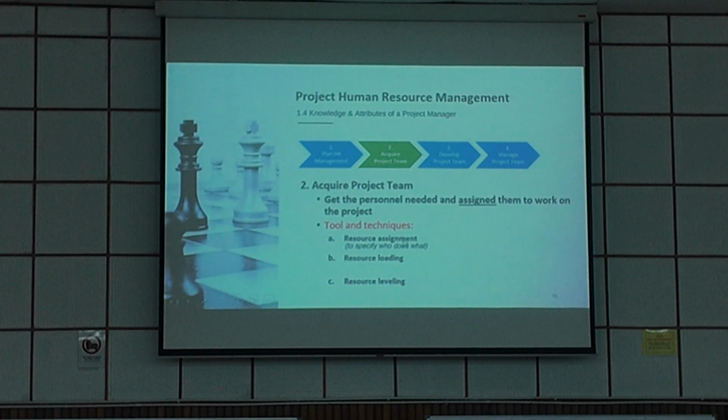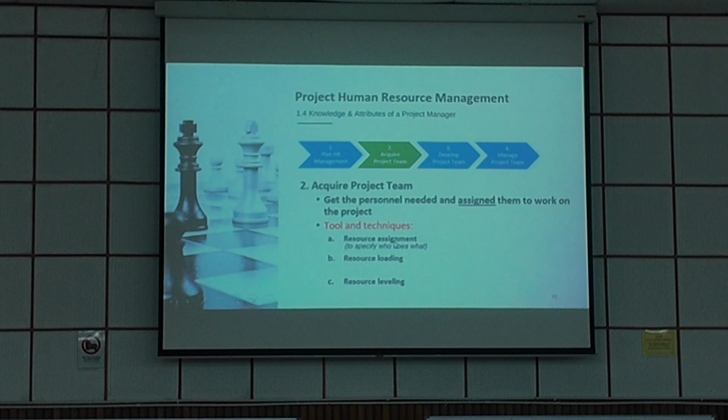Resource assignment means to specify who does what. So you have a task list. First thing is resource assignment, specify who does what. Resource loading is to allocate the amount of work to each resource over a time period.